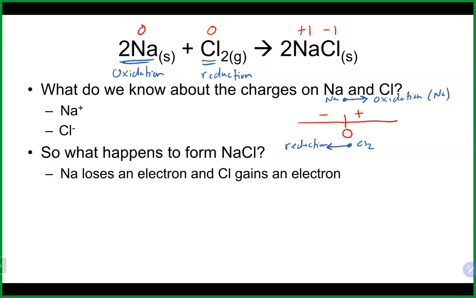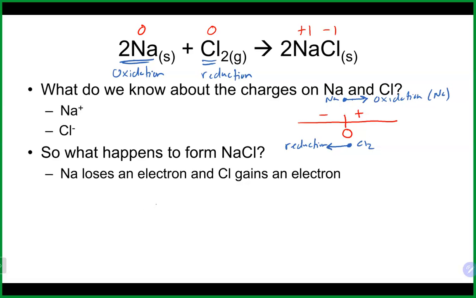Non-metals gain electrons, that's why they become negative. And metals become positively charged because they lose electrons. So whenever we have a metal and a non-metal coming together, it should always be the metal being oxidized, and the non-metal should always be the one reduced. Any questions on that?